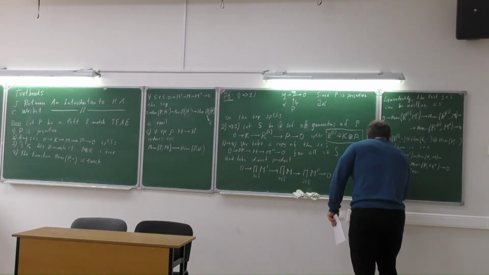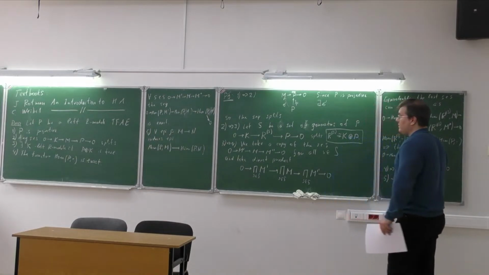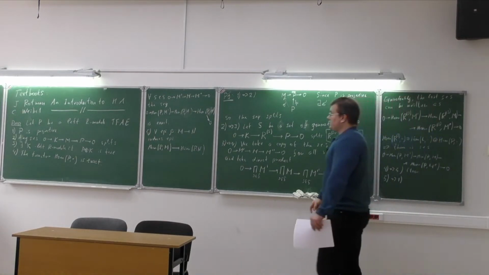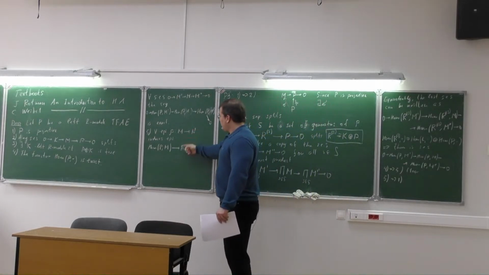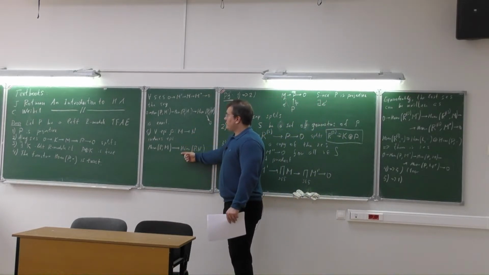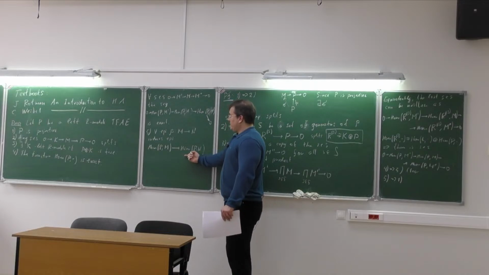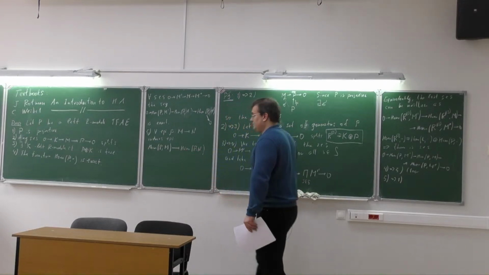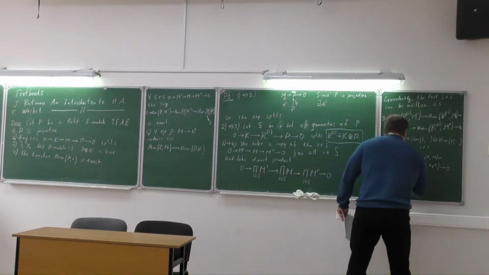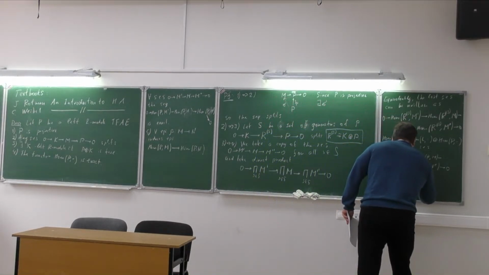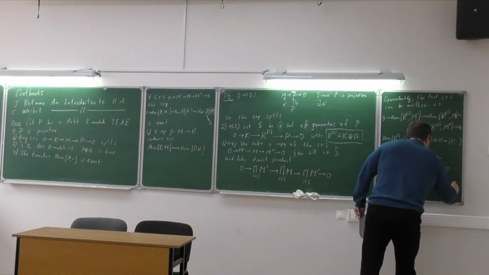And finally, we need to prove that 5 implies 1, right? So for any epimorphism, the induced map is also an epimorphism. But that's just another way to formulate the definition of a projective module. So this is also clear. Restatement of the definition.